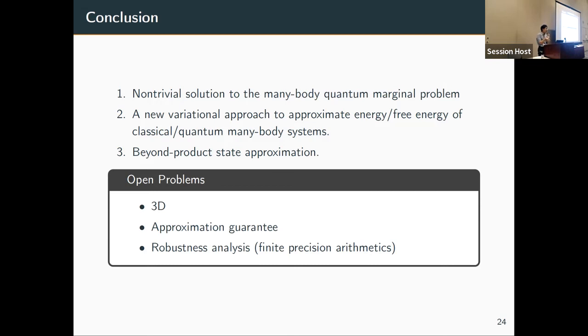Whereas the third one is when these constraints are not satisfied exactly, then what would happen? What's the second one again? Second one is, let's say for 2D gap systems, show that you can approximate the local properties up to some error epsilon using a certain size reduced density matrices.